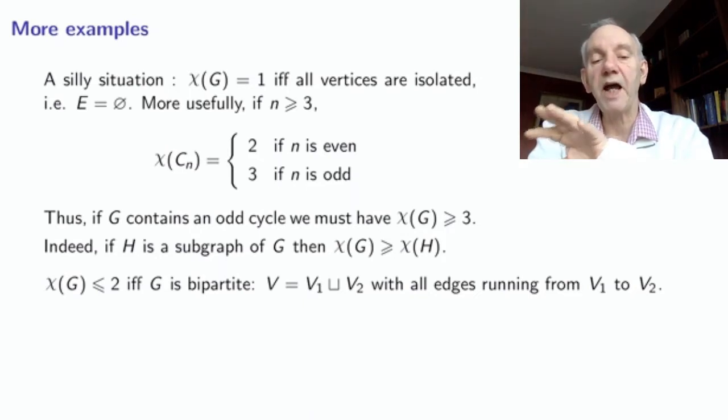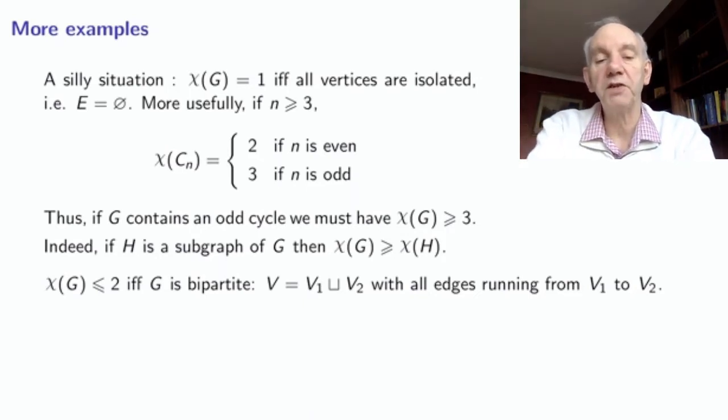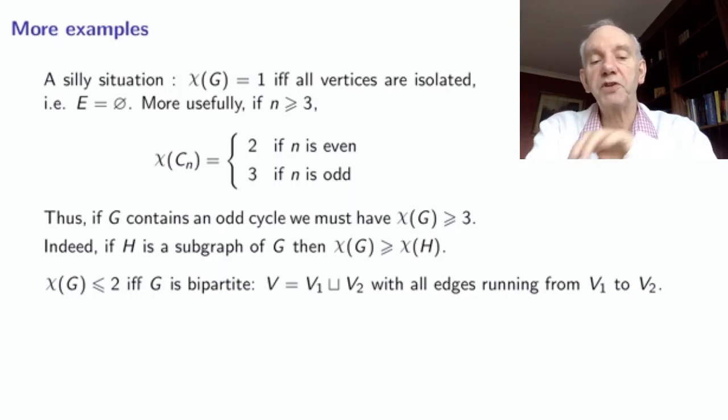What I'm really saying here, I haven't defined subgraph in these lectures, but it's defined in the notes. If you have a subgraph of a graph, then if you know the chromatic number of that subgraph, which often you do, if you have a complicated big graph, you might not know its chromatic number, but you will know the chromatic number of certain smaller subgraphs. You can say that the chromatic number of the big graph has to be at least as big as the chromatic number of any subgraph.